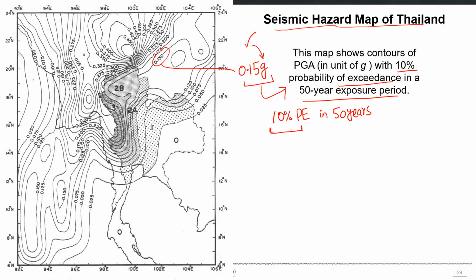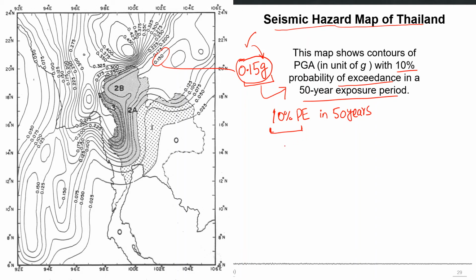You have a 10% chance that a number more than this will occur in 50 years, but a 90% chance that the maximum acceleration experienced at that particular site will be less than 0.15 G. So if you are designing your structure to this 0.15 G, it means there is a 90% chance that your structure will experience forces less than those you used for designing it. There is still a 10% possibility that an earthquake causing more than this number may occur at that particular site, but this is an acceptable risk which you are taking.